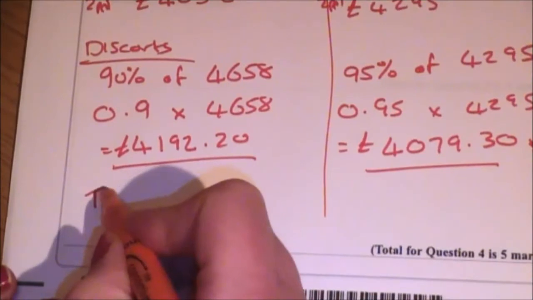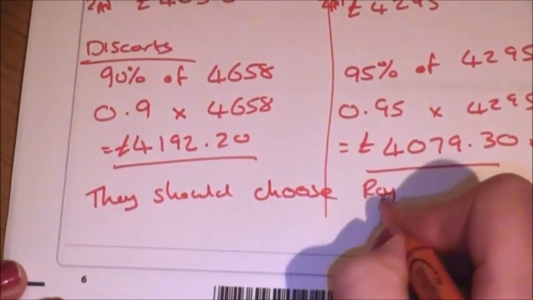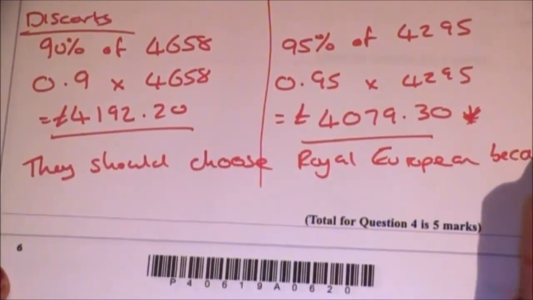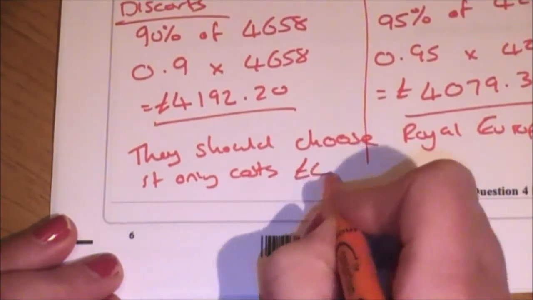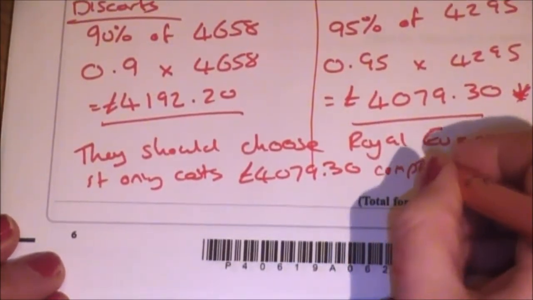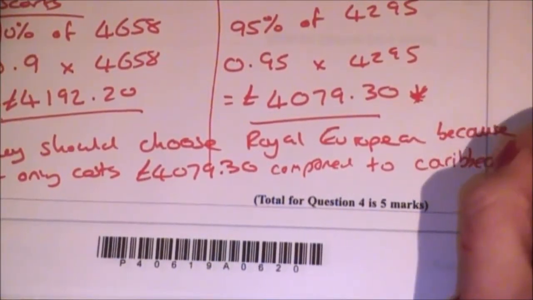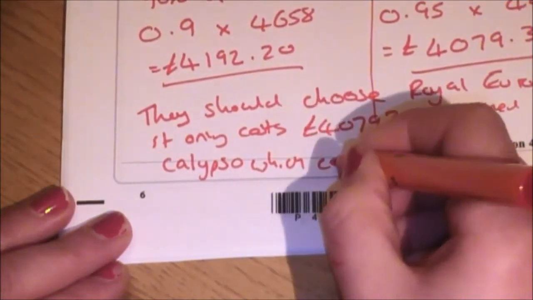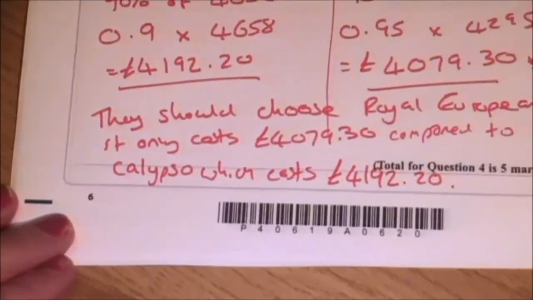So I'm going to say they should choose Royal European because it only costs £4,079.30 compared to Caribbean Calypso, which costs £4,192.20.